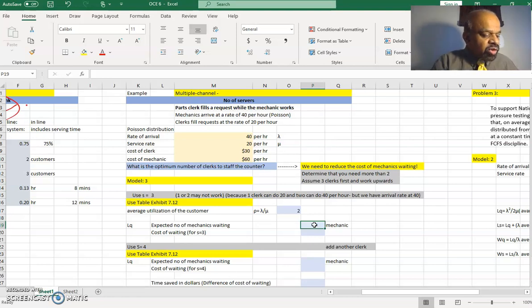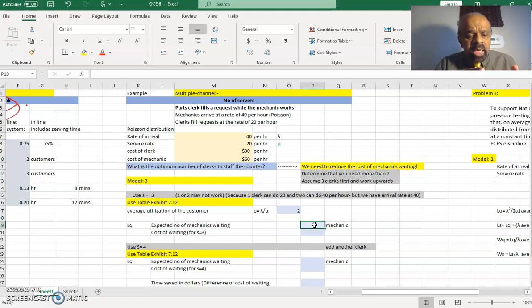That is the table that I was talking about, exhibit 7.12 from the book. If you go to exhibit 7.12, the first column is rho, which is lambda by mu. So you go to 2 on the first column.